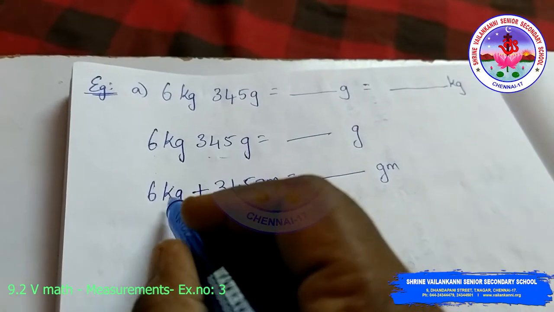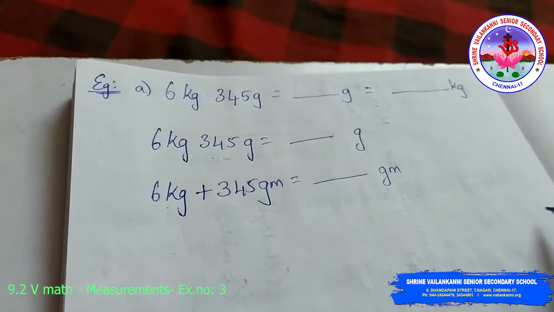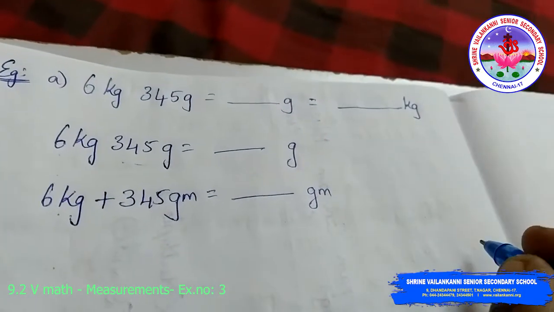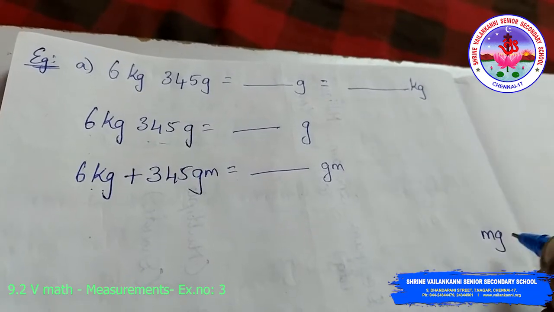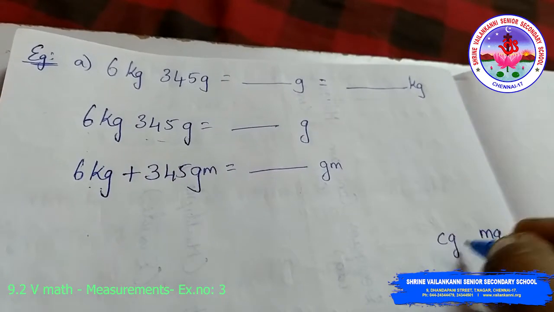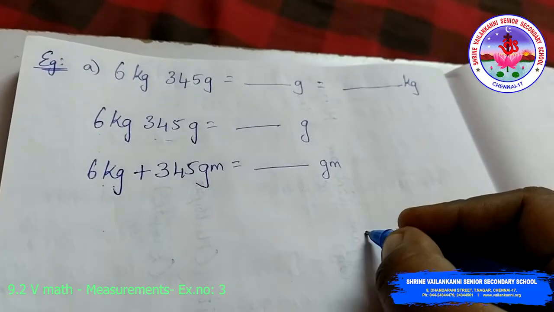Now we are going to convert kilogram to gram. First let me write the units: milligram, centigram, decigram, gram.